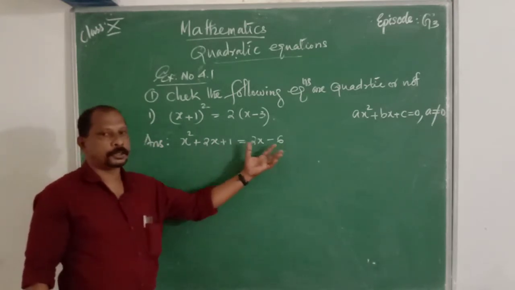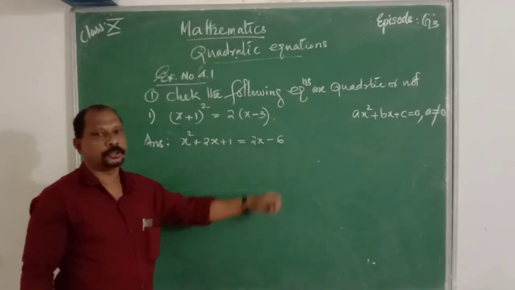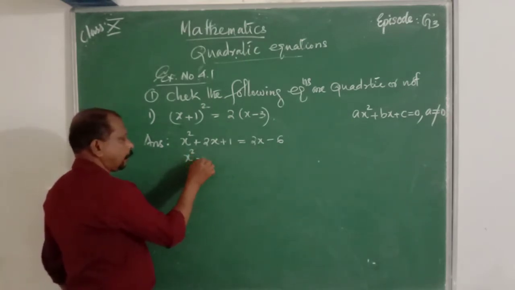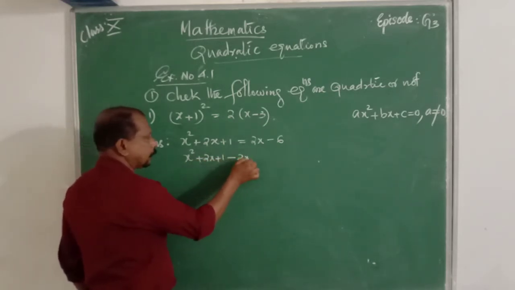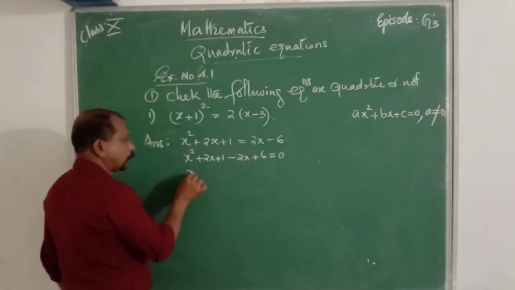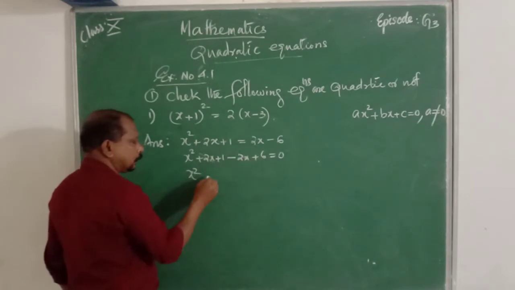Shifting these two terms to the left, minus 2x and plus 6, that is x square plus 2x plus 1 minus 2x plus 6 is equal to 0. The 2x and 2x cancel, and 1 plus 6 is 7.